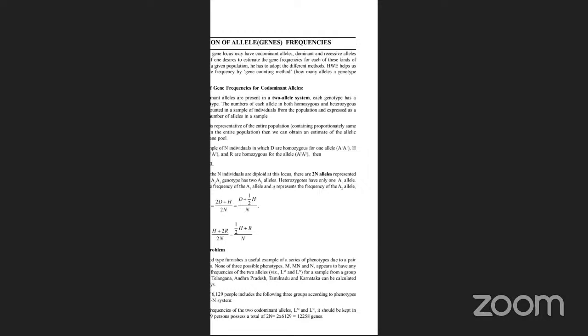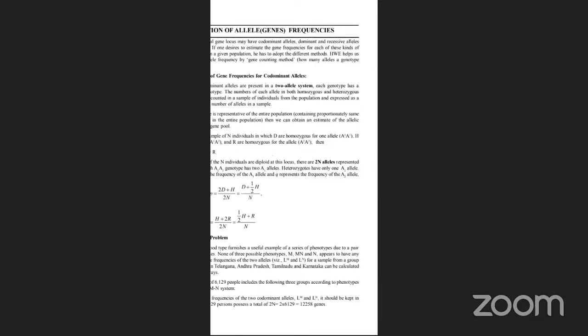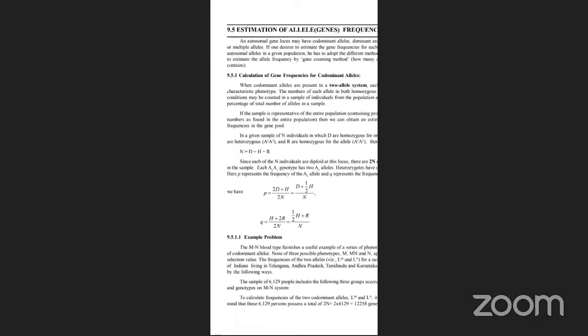In a given sample of n individuals, D are homozygous for one allele A1A1, H are heterozygous A1A2, and R are homozygous A2A2. So n equals D plus H plus R. Since each of the n individuals is diploid at this locus, there are 2n alleles represented in the sample.